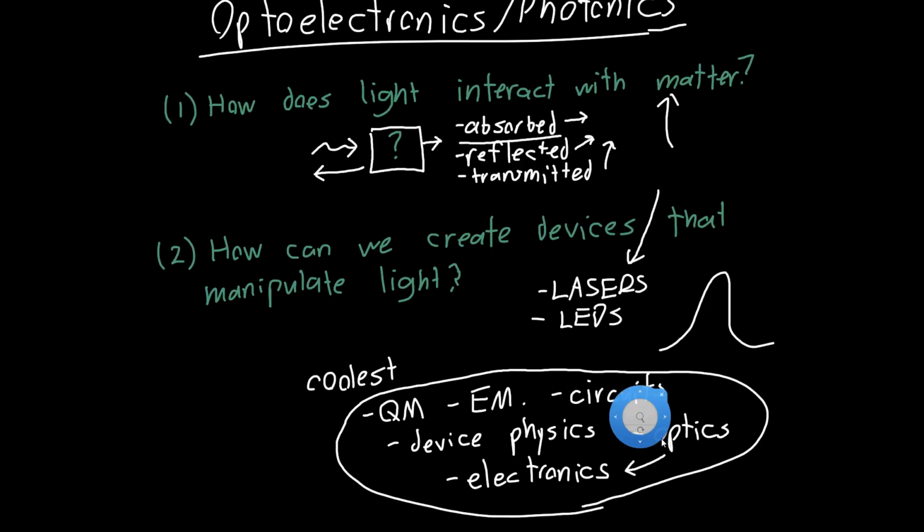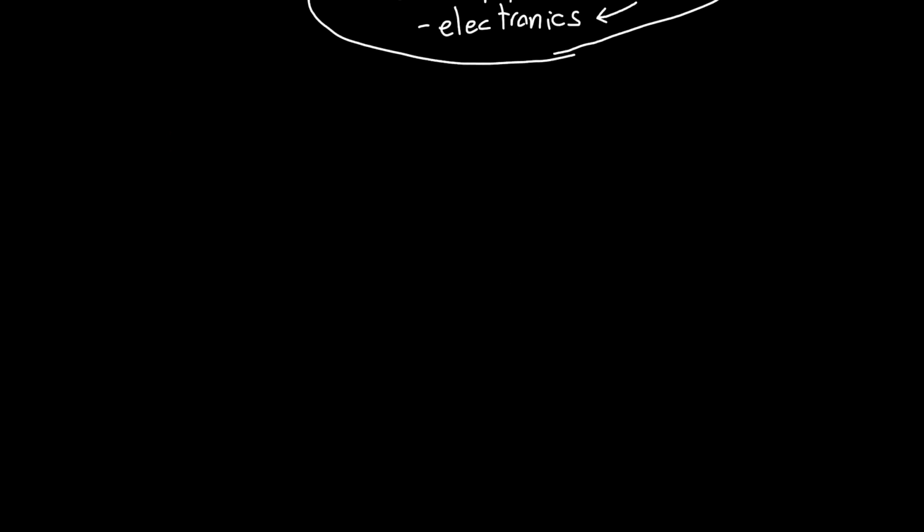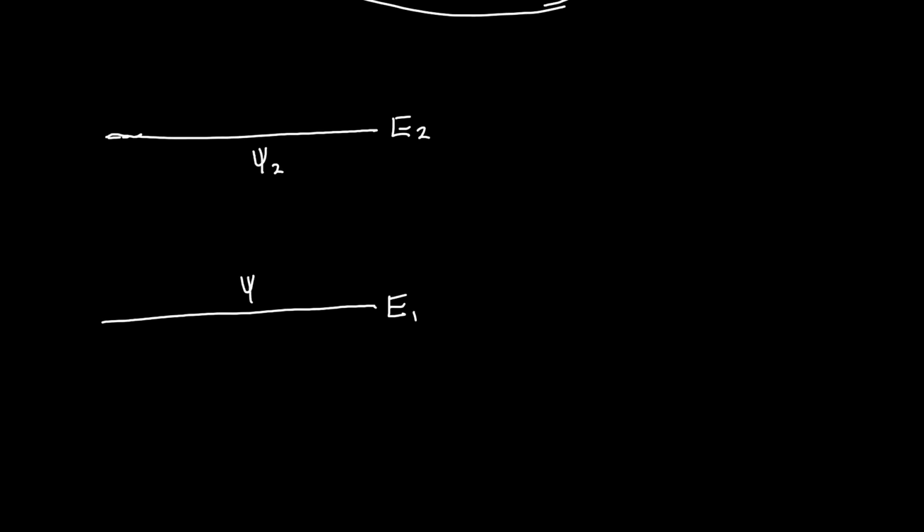And so where do we start? How do we go about figuring out how we're going to create devices? Well, we're going to start with the two energy level system. So these are just two different energy levels. These aren't bands. This isn't a band diagram like you might expect. Each of these energy levels has some wave function associated with it, some electronic state.